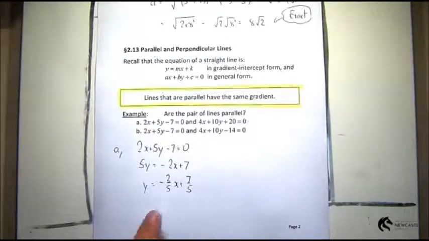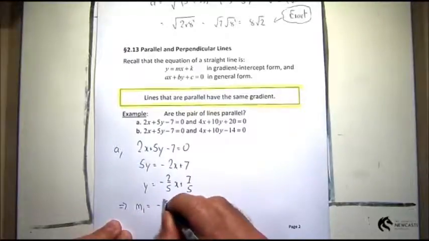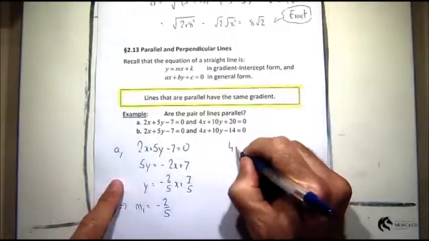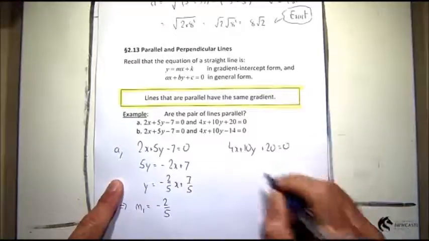And so therefore I know the gradient of this line. So that tells me that m, I might call it m1, is minus 2/5. That's the gradient of that particular line. Do the same for the second line, and I have 4x plus 10y plus 20 is equal to 0.